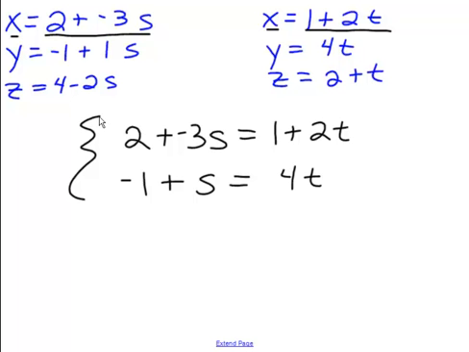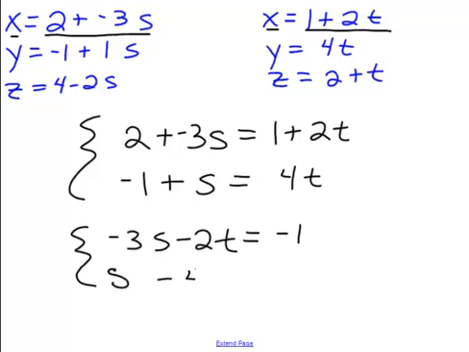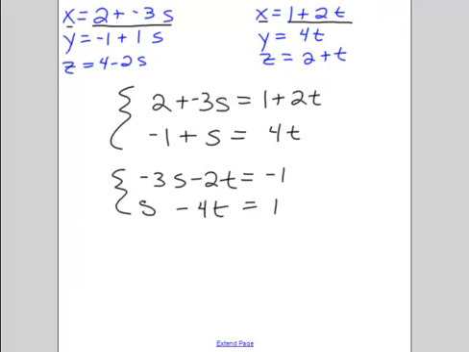So I'm going to get my s's and t's on the one side, my constants on the other side. So the set I'm actually going to start looking at is negative 3s, subtract the 2t, equals, subtract the 1, negative 1, and then this is an s, minus 4t equals a positive 1. So doing elimination with those, maybe I want the t's to drop out.